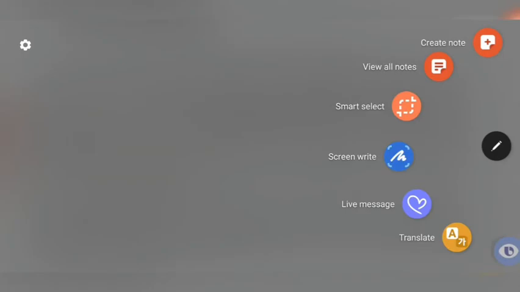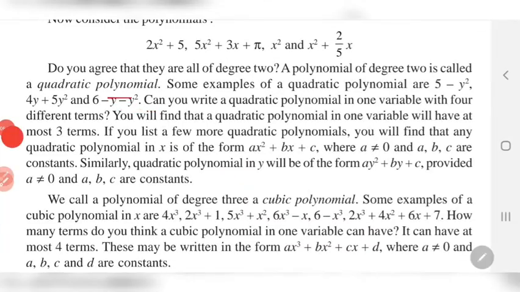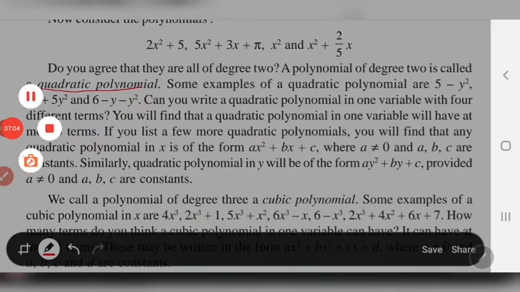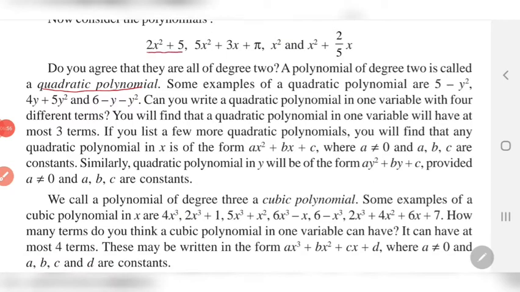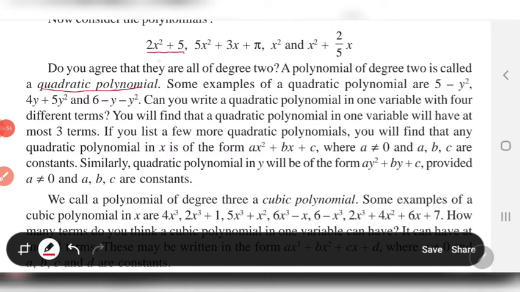So let us see one more important term, that is quadratic polynomial. We call it what? Quadratic polynomial. For example, you see the expression twice x square plus 5. Again you check the variable and its exponent.